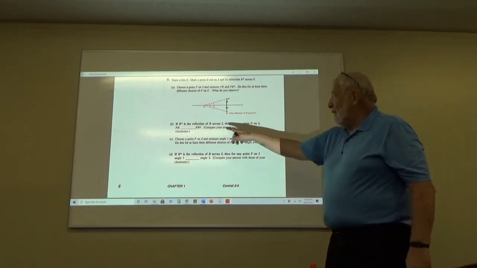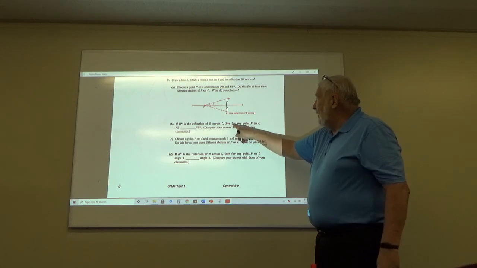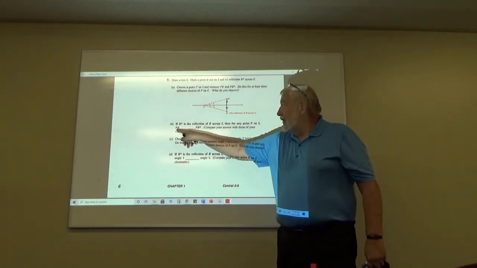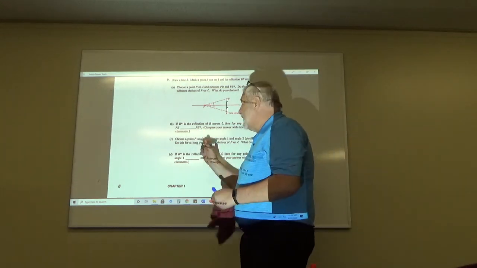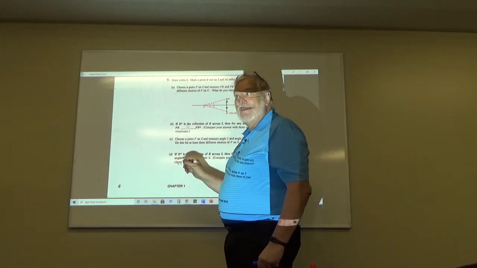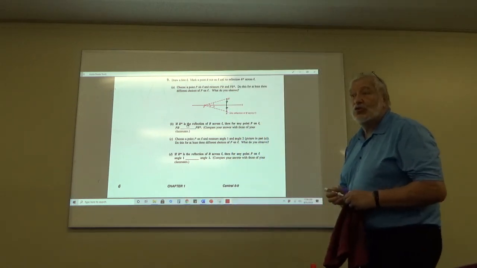It says if B prime is a reflection of B across L, then for any point P that's on the line, P to B equals, and if you put a curvy line on top of it, that means congruent.